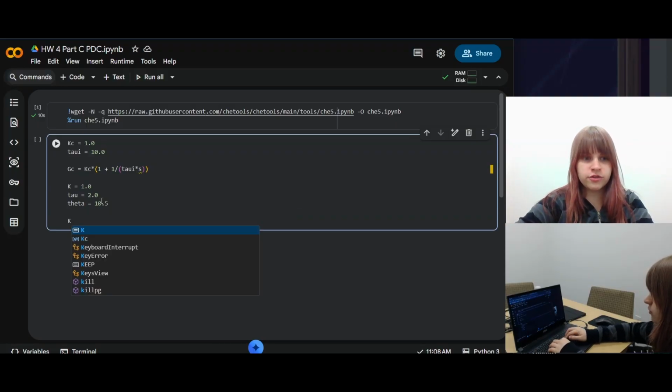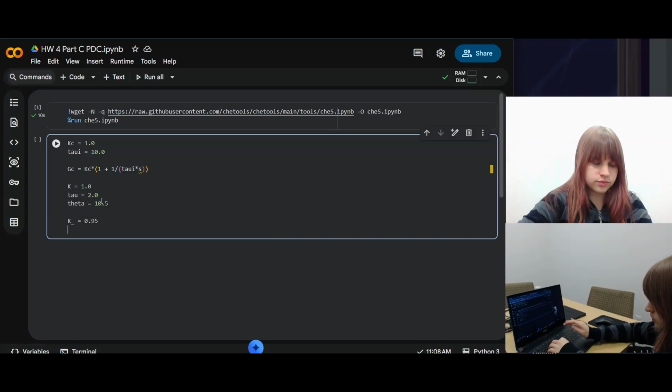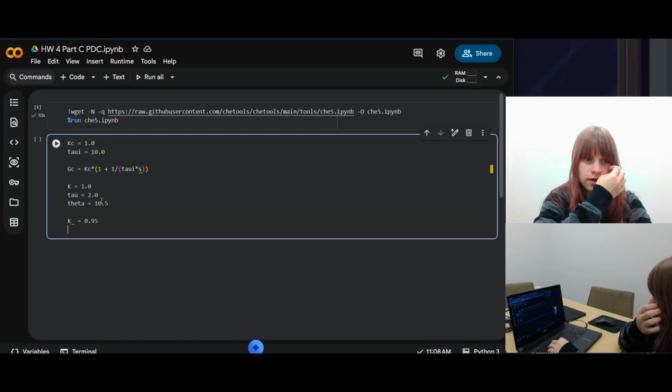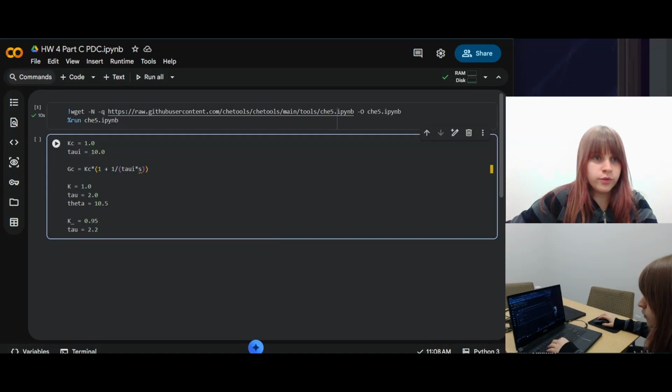Our Smith predictor, I'm going to denote with an underscore after. That is going to be 0.95 for our process gain. The tau is 2.2.